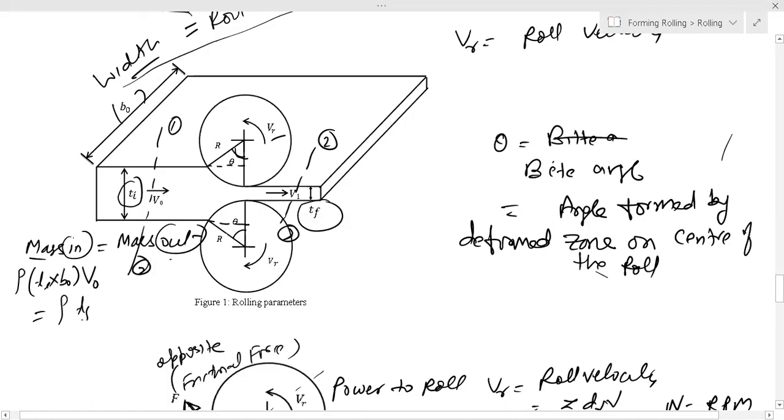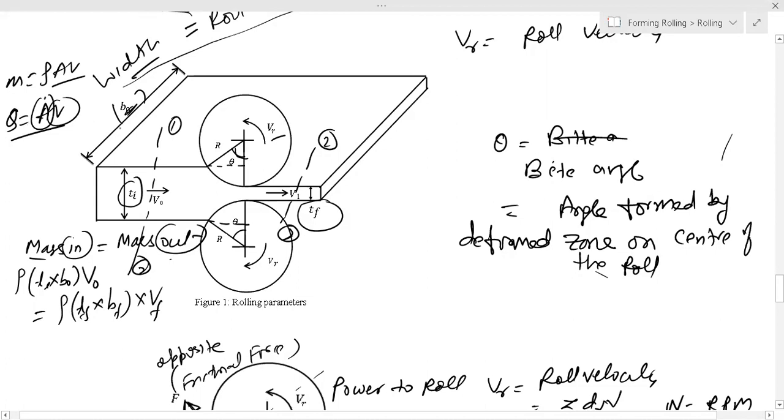So T final into V final, right? Because this is the cross section area, B naught and A. Cross section area, Q is equal to AV, you know, and mass flow is rho AV. So the cross section area and the velocity. We have studied this in the continuity equation.